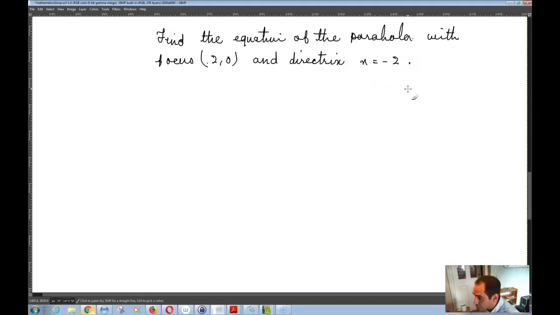So your directrix is at x is equal to -2, and it is exactly what we had.